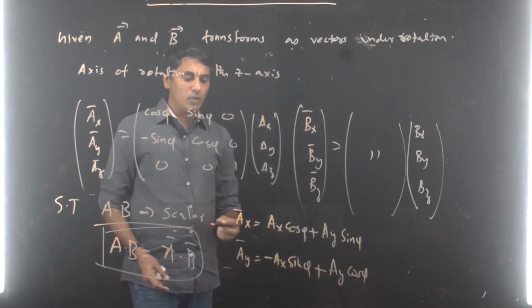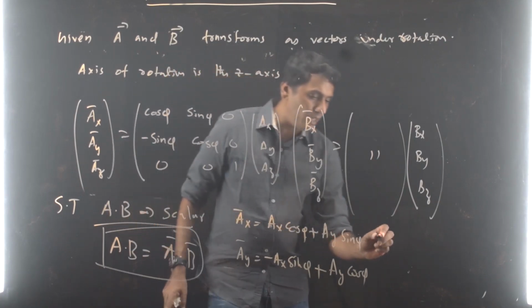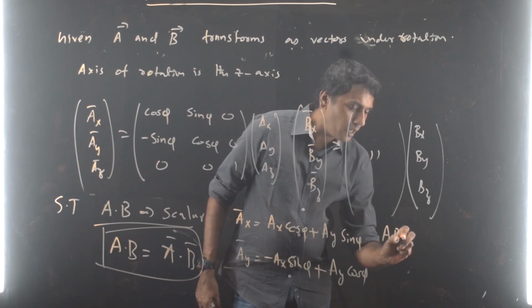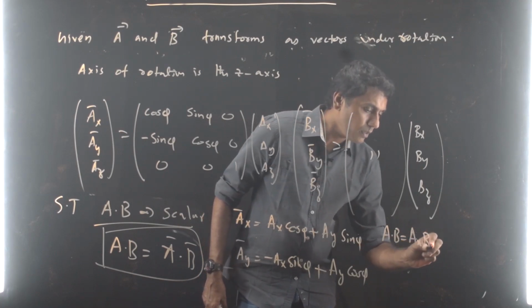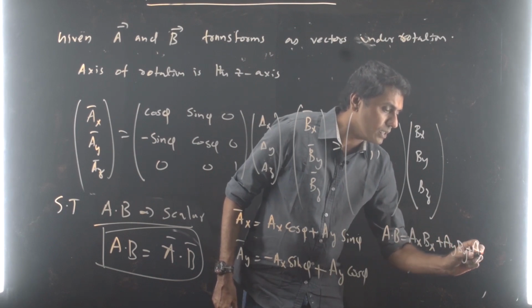All right. And what is A dot B? You know what A dot B is: Ax Bx plus Ay By plus Az Bz.